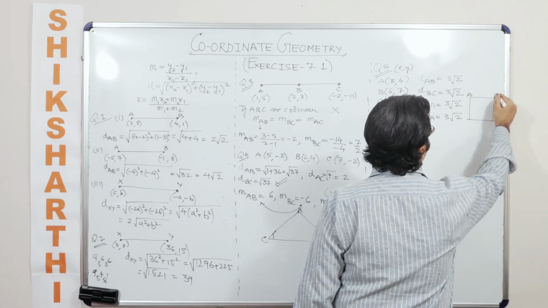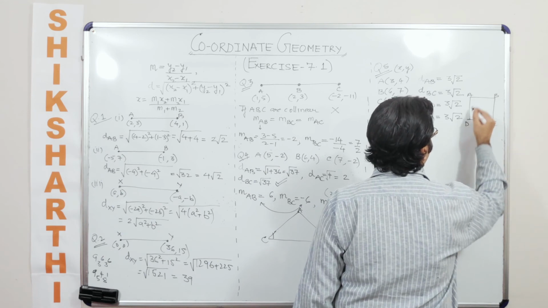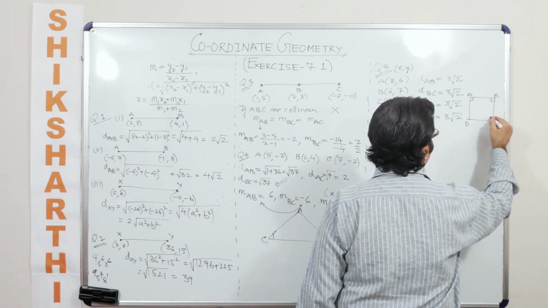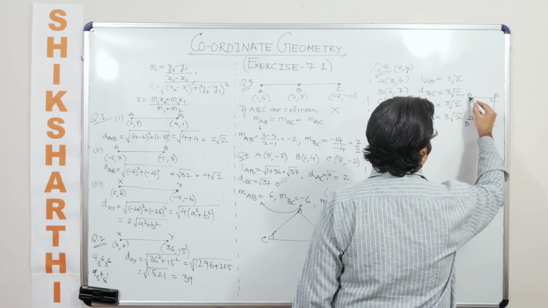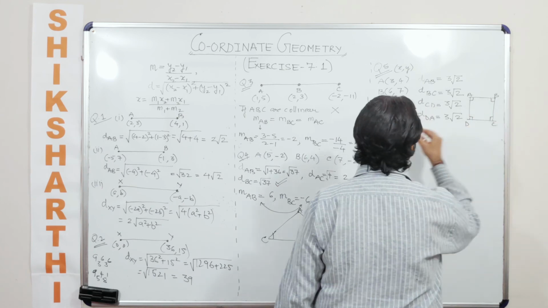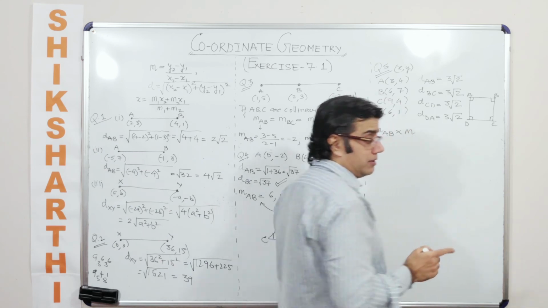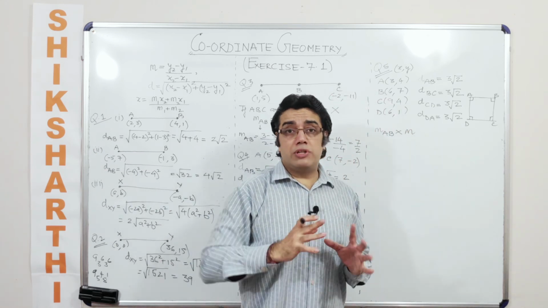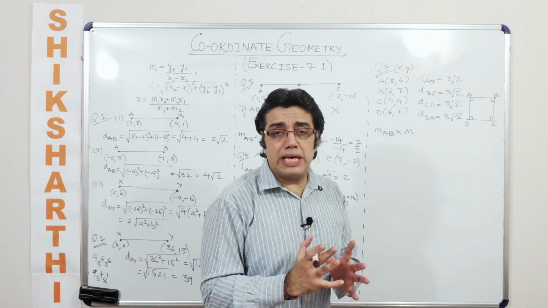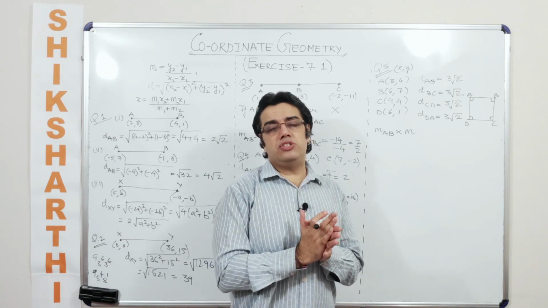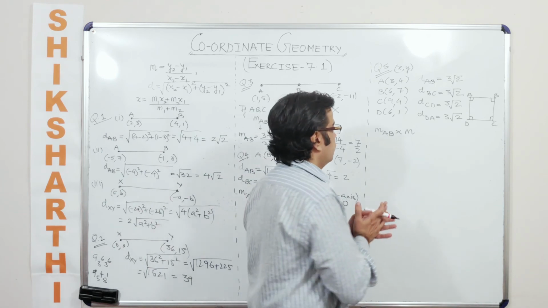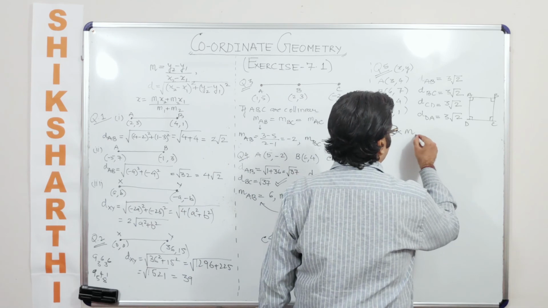If this is A, this is B, this is C, and this is D, can I say that the slope of this line into the slope of this line should be equal to -1? So I'm giving you one of the perspectives here. If there are two lines which are perpendicular to each other, the product of their slopes will be equal to -1.